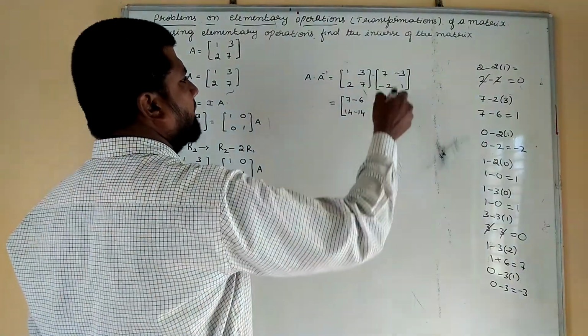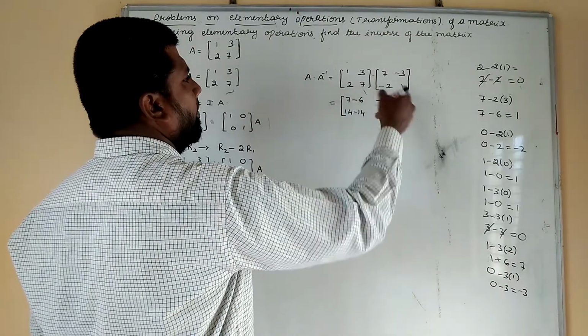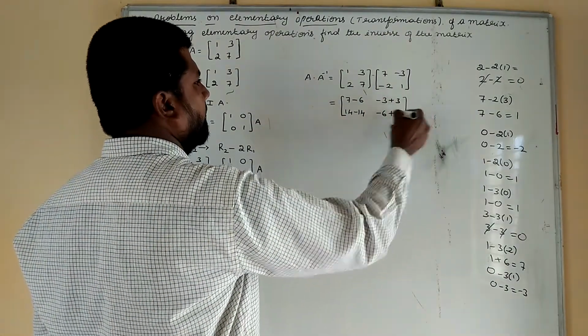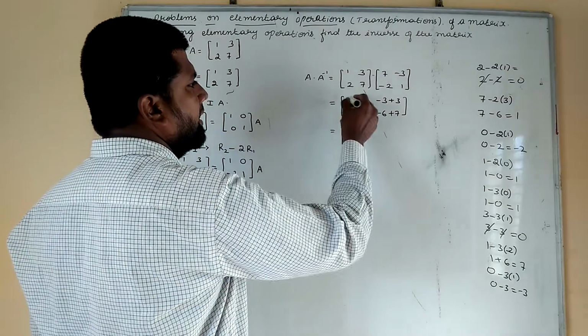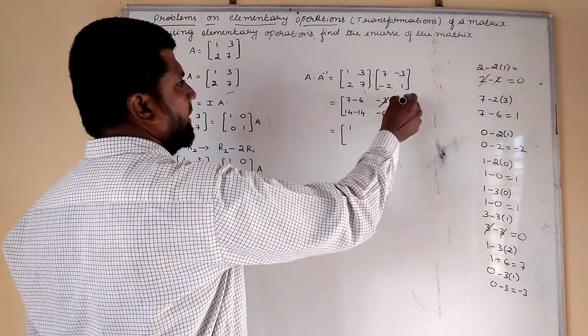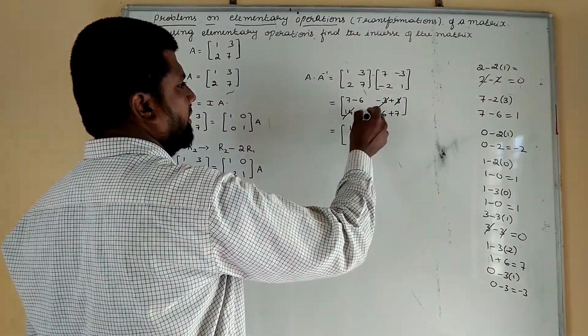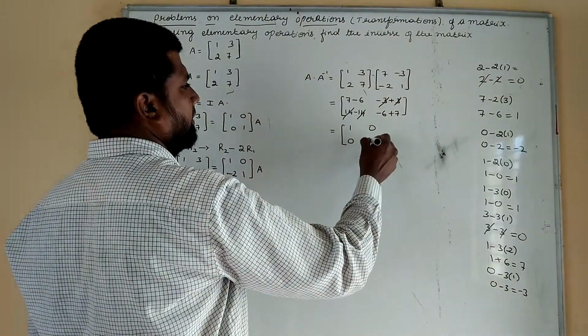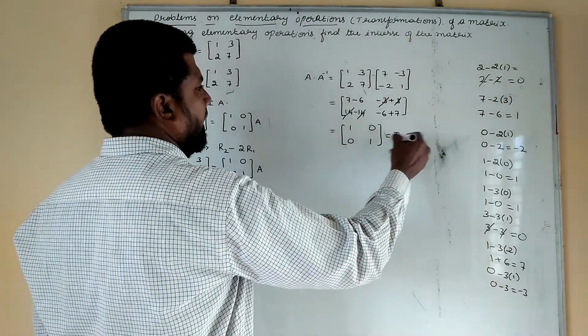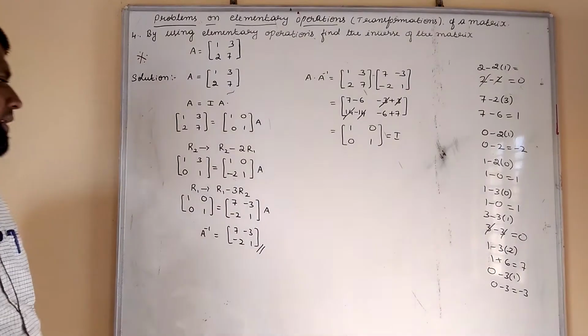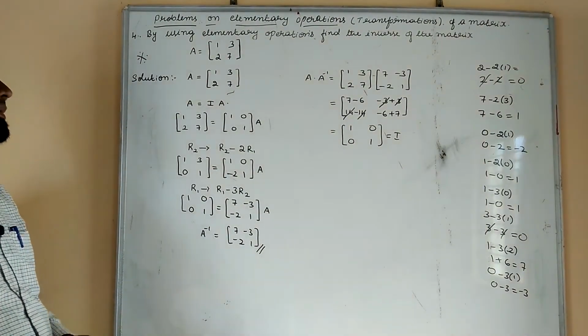Second row, second column: minus 6 plus 7. So we are getting 7 minus 6 is 1, minus 3 plus 3 cancels to 0, 14 minus 14 cancels to 0, then 1. So we got the identity matrix. So the A inverse value is right.